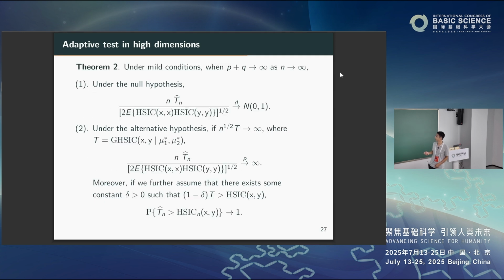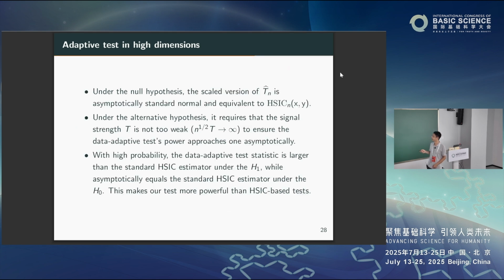For this result, we have discussed three implications. The first one is that our test statistic is asymptotically equivalent to the traditional HSIC. The second is that our test can have power approaching 1.